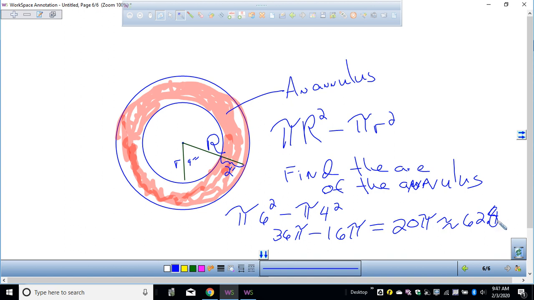And you would put your units inches squared, okay? This is exact, this is approximate.